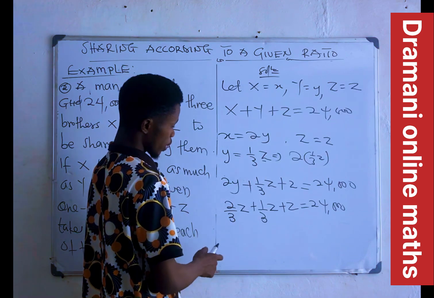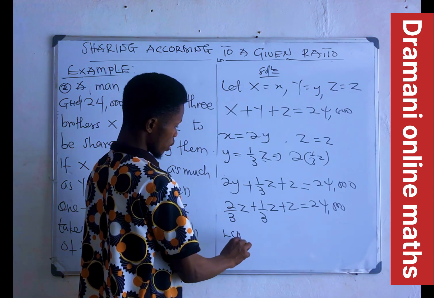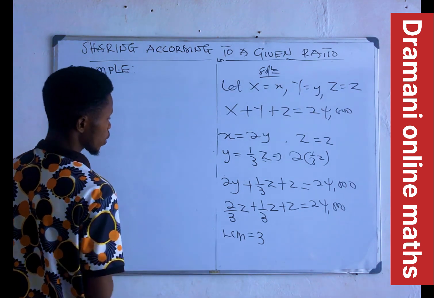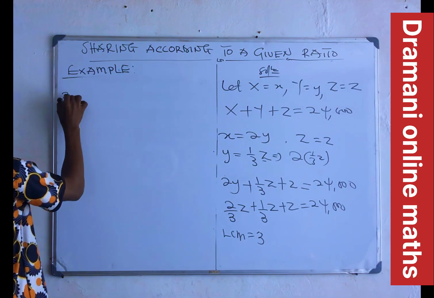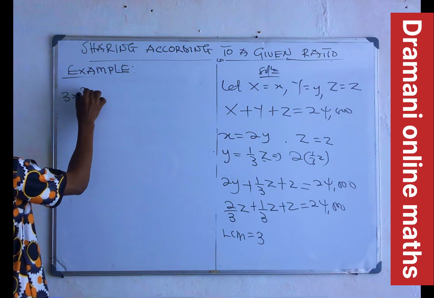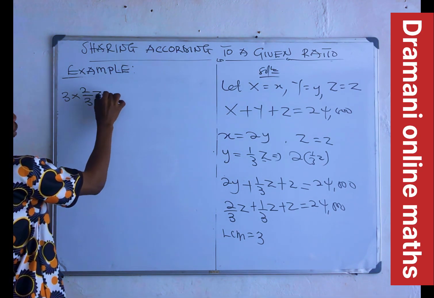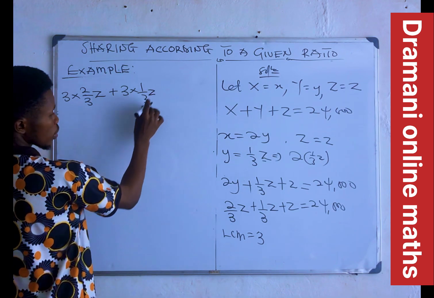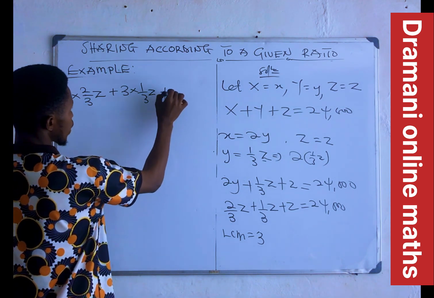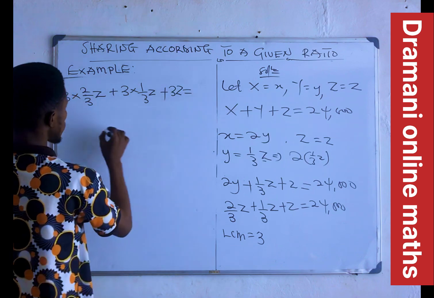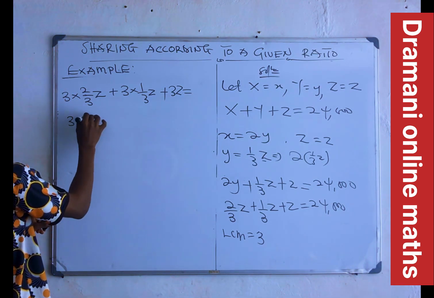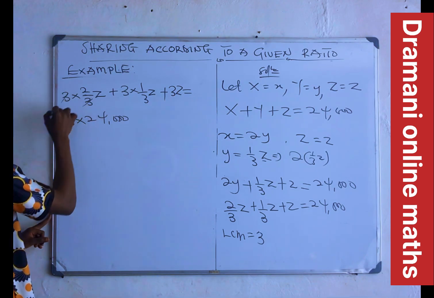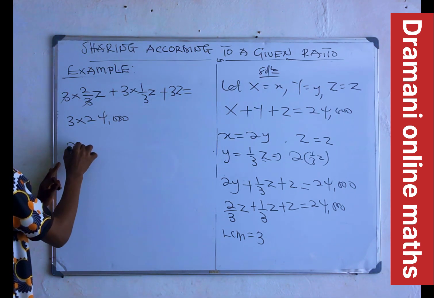Now here, let's find out. If you multiply by 3, the LCM equals 3. Is that okay? Yeah, LCM equals 3. Means I'm going to have 3 multiplied by 2/3z plus 3 multiplied by 1/3z plus 3 multiplied by z equals 3 multiplied by 24,000. This 3 goes with this, leaving 2z.